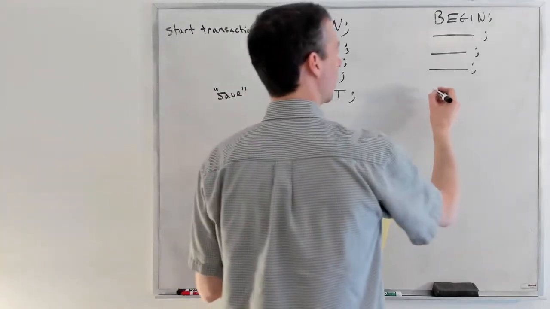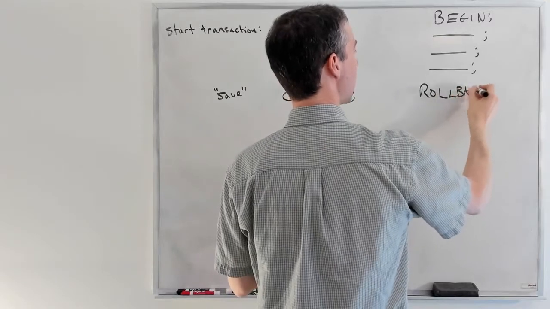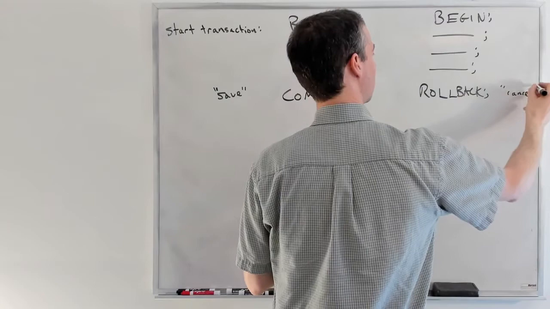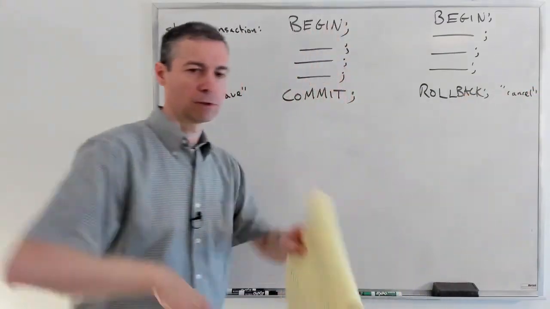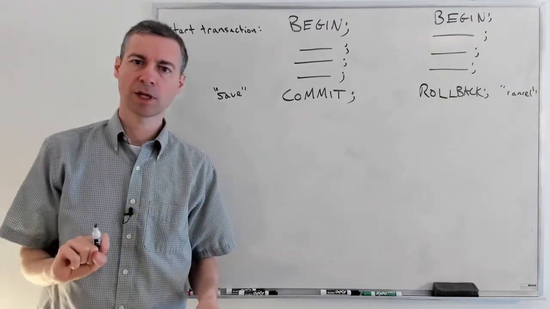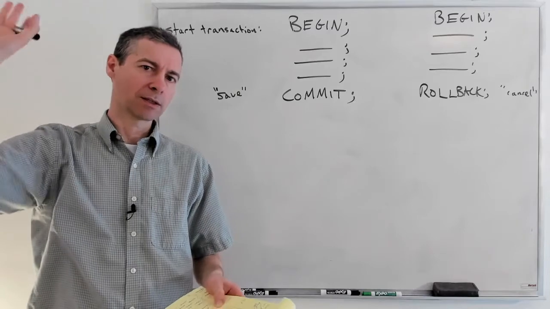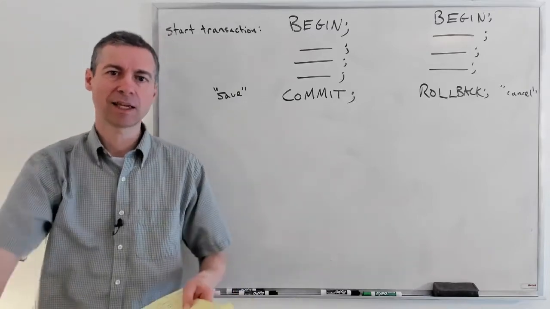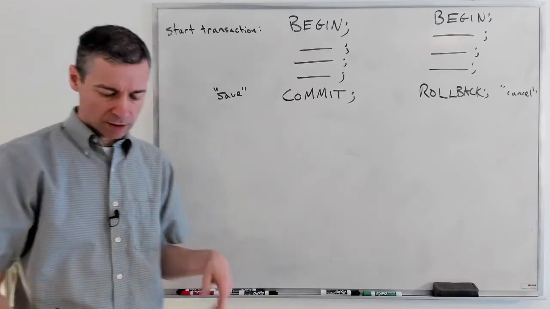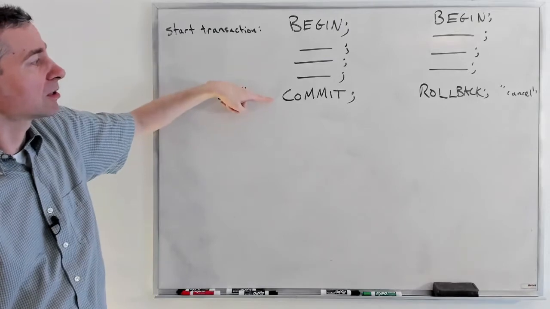The way that you bail out or cancel your transaction is to do rollback. Roll it all back. You've been keeping track of all these changes I've been making. Undo them all for me, please, and leave the database in exactly the same state as when I started doing this.